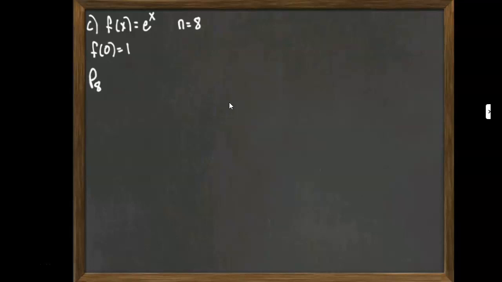So P8 would be f of 0, which is 1, plus f prime of 0, which is 1, times x to the first, because remember Maclaurin, a is 0, and then plus f double prime of 0, which again is just going to be 1, divided by 2 factorial, just 2, so we'd have x squared over 2.